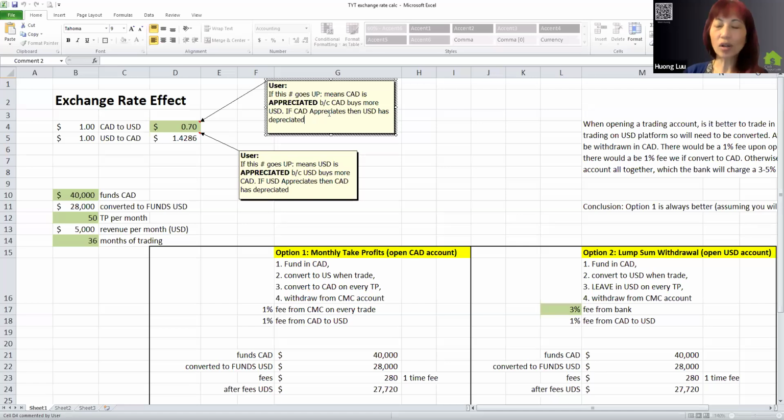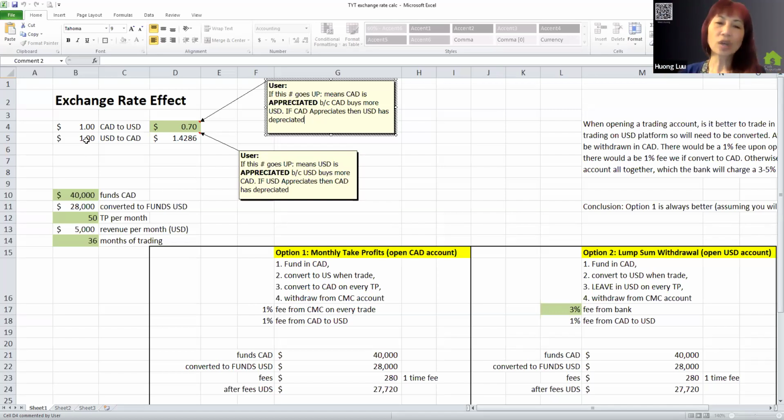And if the Canadian dollar appreciates, then it means that the US dollar has depreciated. So you've got to understand, okay, well, when the Canadian dollar goes up, the US dollar has to come down. Okay. So if the Canadian dollar gives me more US dollars, then that means that the Canadian dollar is stronger, or it has increased in strength.